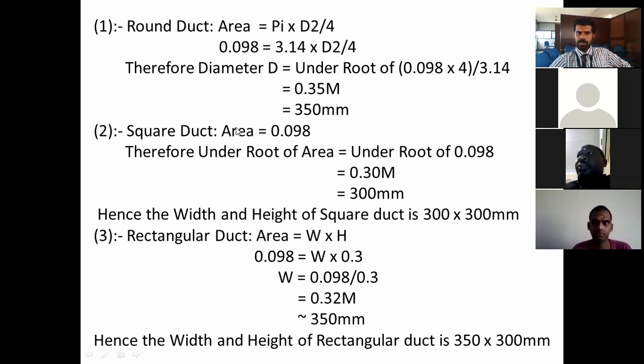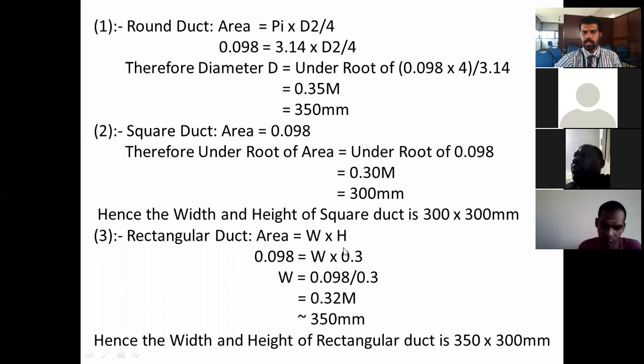If it's a square duct, just take the square root of 0.098, and we will be getting 0.3 meter, which is equal to 300 mm. So the width and the height of the square duct is 300 by 300 mm. If it is a rectangular duct, area equals width into height.